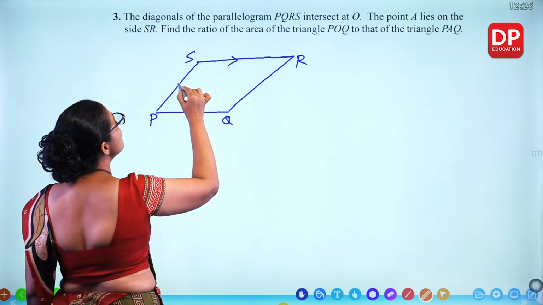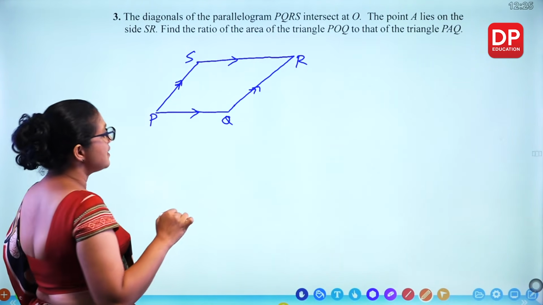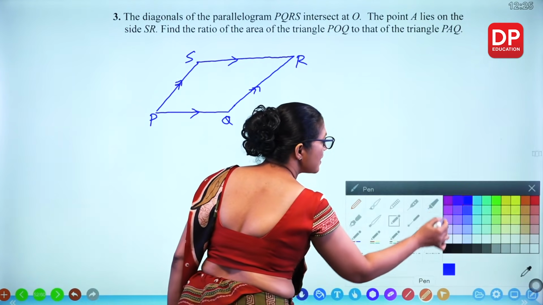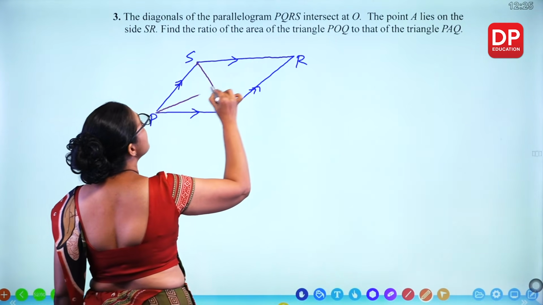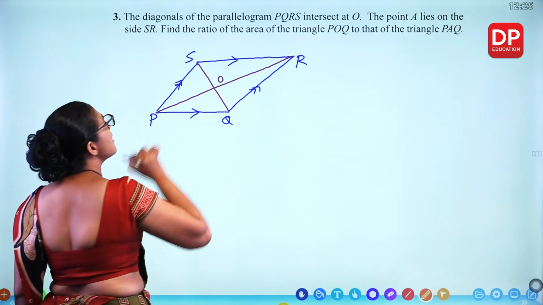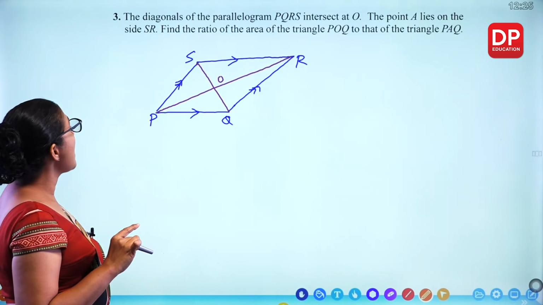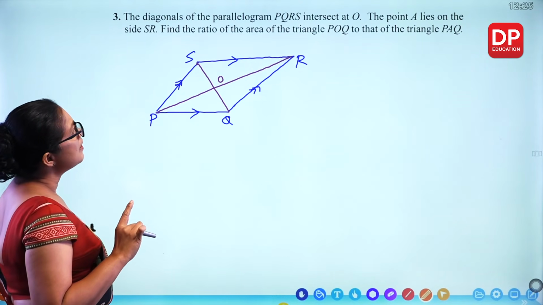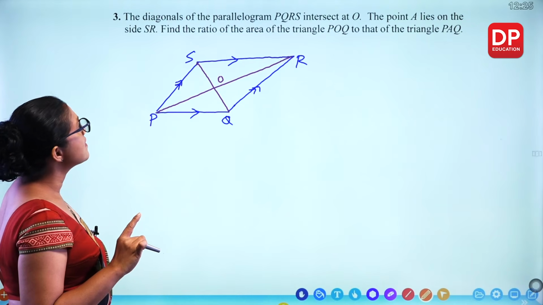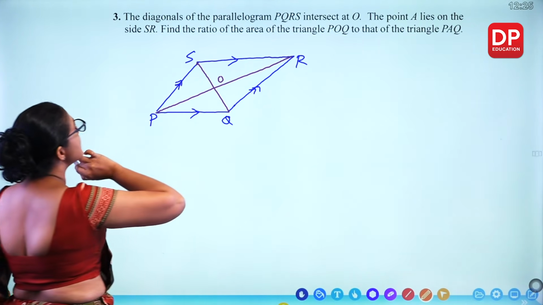So we can draw the two parallel lines. And the diagonals intersect at O. So these are the two diagonals intersecting at O. The point A lies on the side SR. So on this side, point A is there.